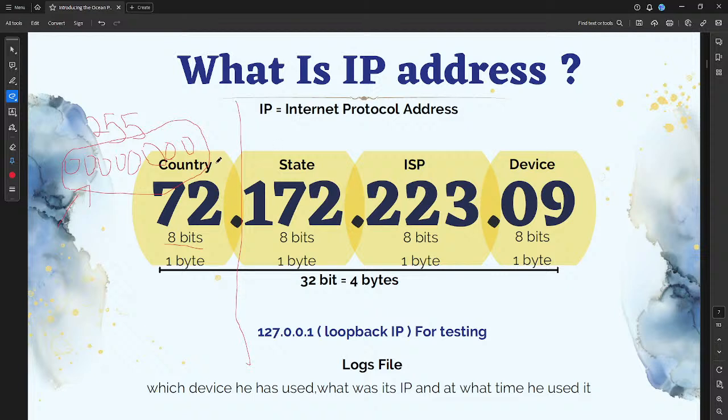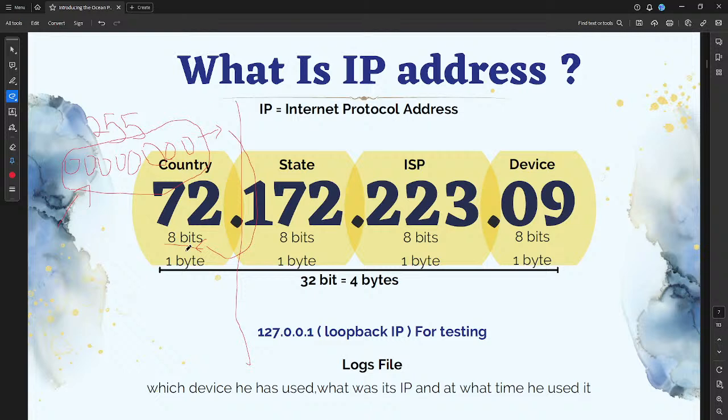Now you understand what makes this 172. Certain bits were turned on and off. So that's how we arrived at these. Now you understand the 8 bits concept written here.